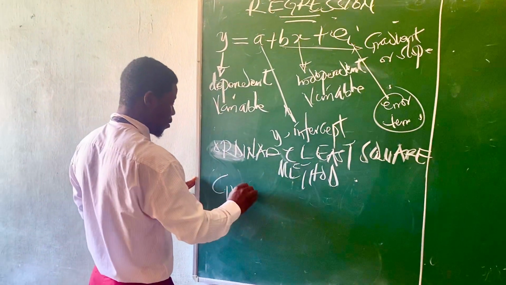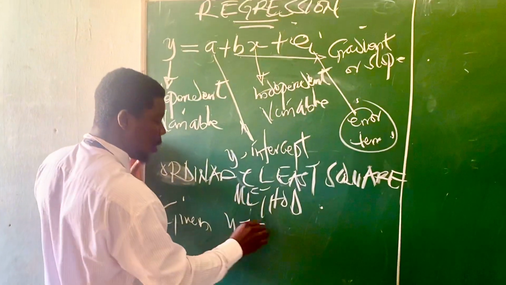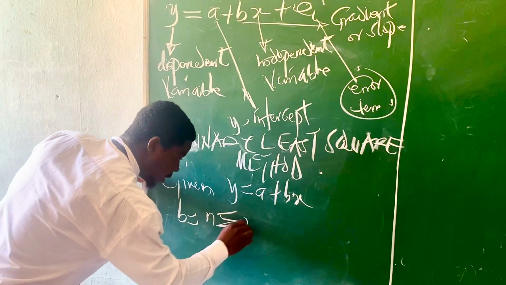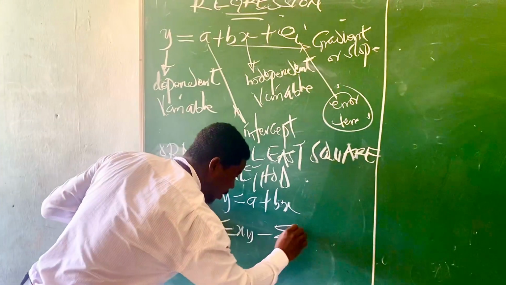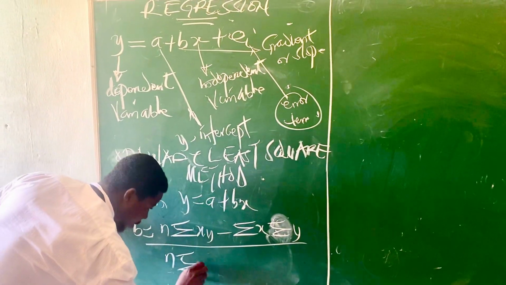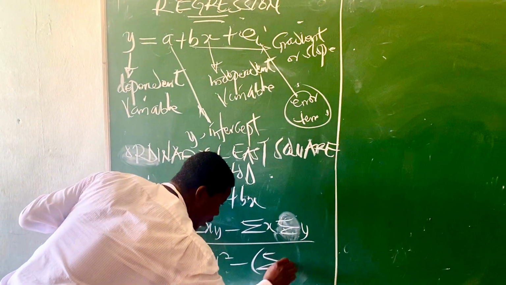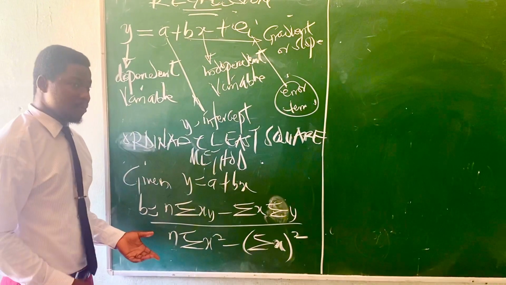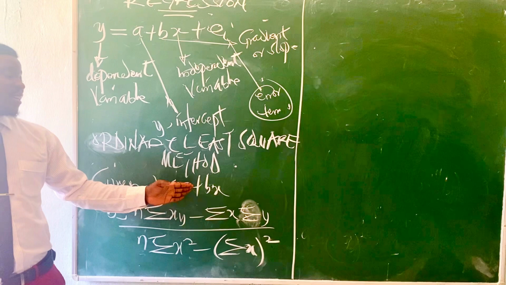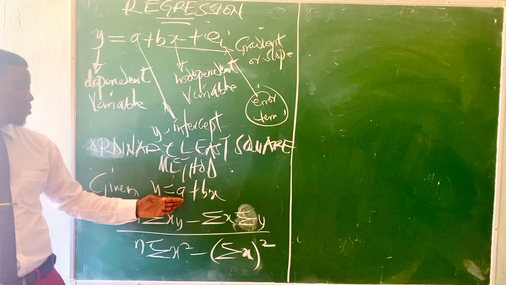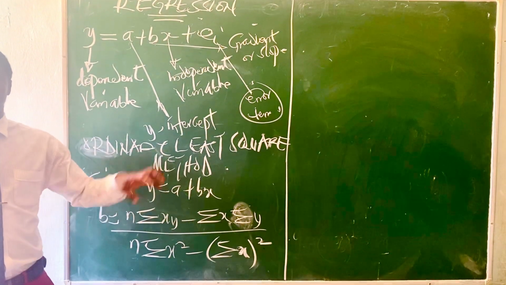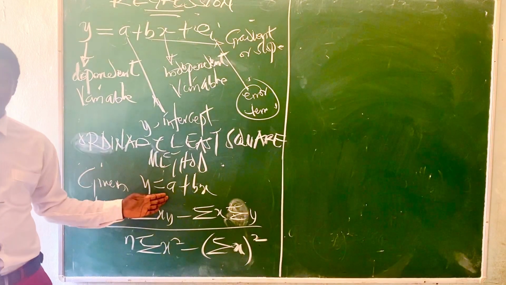Given y equals a plus bx, your b is always equal to n summation xy minus summation x summation y, all over n summation x squared minus open bracket summation x close bracket squared. In a regression equation, what you are majorly looking for is the values of a and b, because once you are able to get the values of a and b, then from there you'll be able to formulate the regression equation.